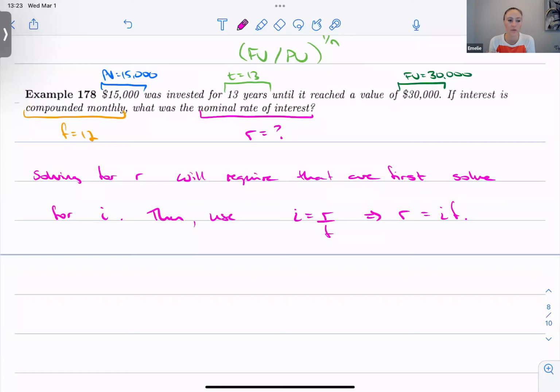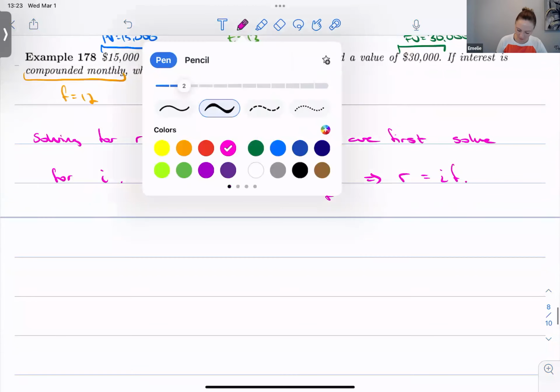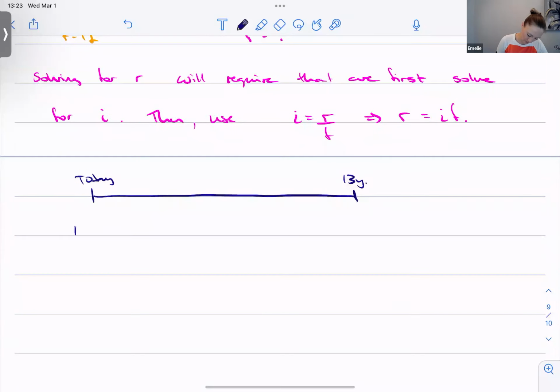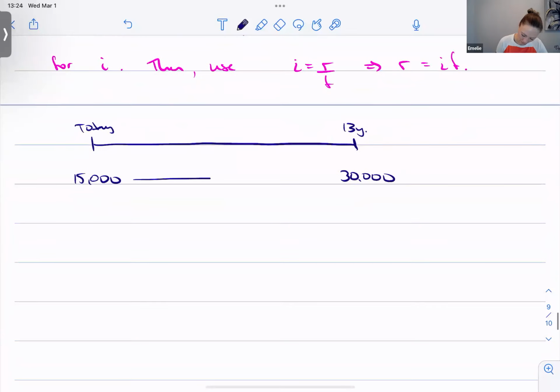We first have to solve for i. I have a couple of things that I know already, right? And so let's just jot down a quick timeline. I would say you don't really need it, but it helps. So today, 13 years from today, 15,000 grew to 30,000. n is the time times the frequency.